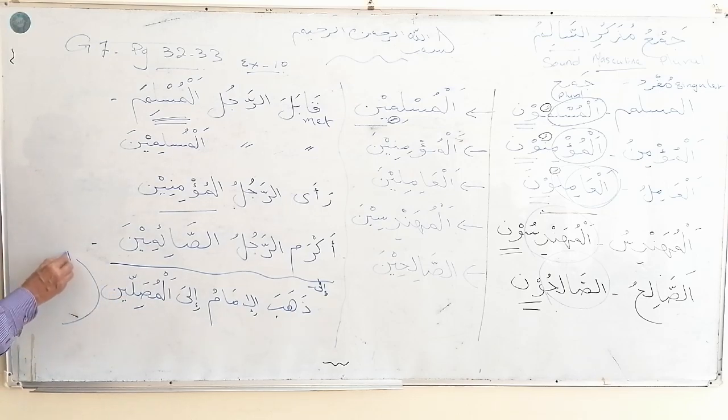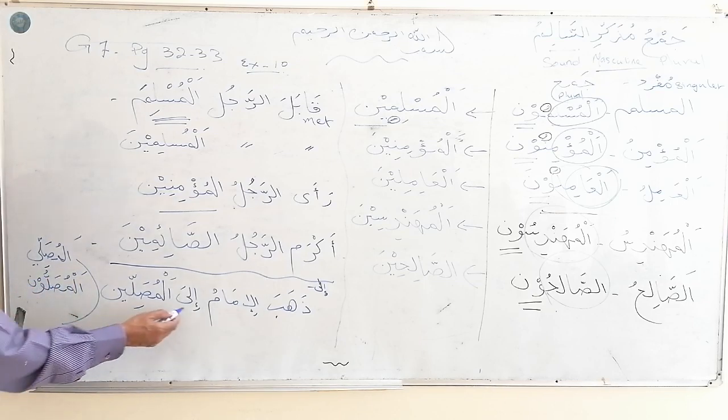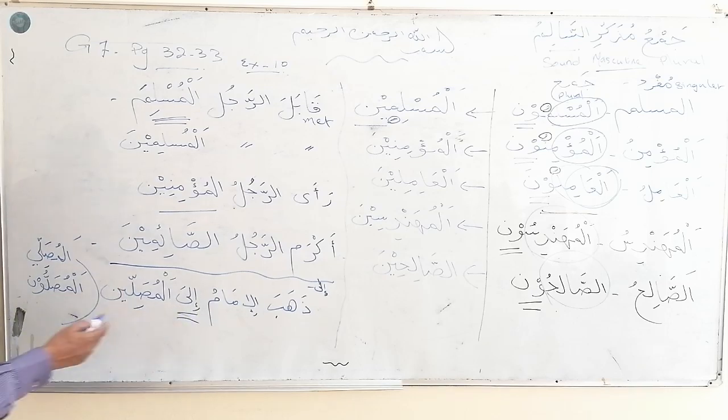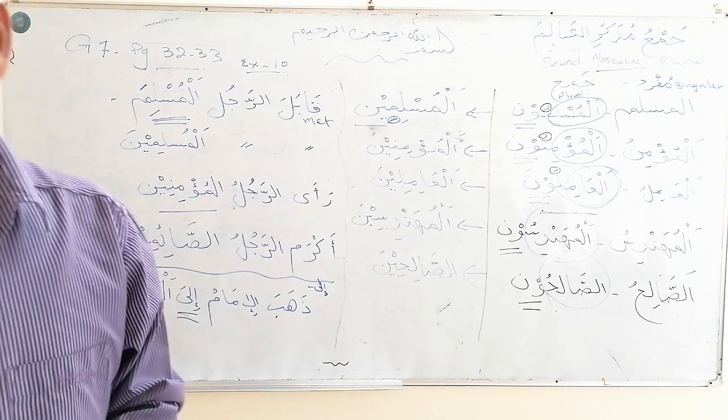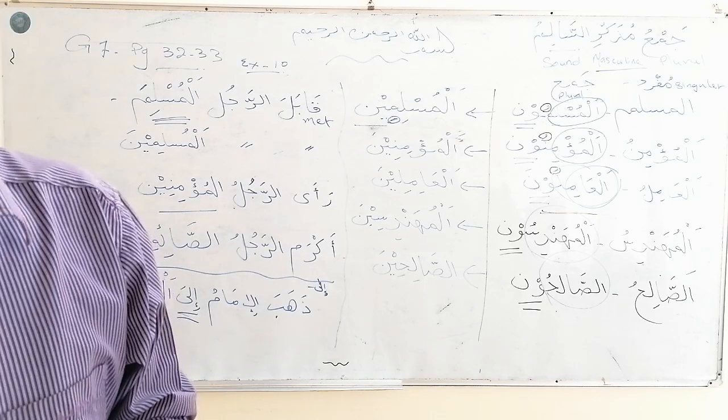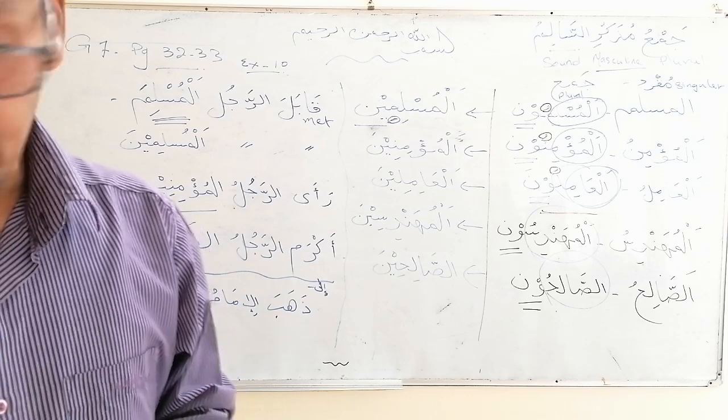Al-musallin is a plural of al-musalli, the one who is praying, the worshipper. So the plural is al-musallun. So when it is used with ila or any other preposition, it becomes al-musallin. Now, inshallah, we're going to answer the questions on page 33, exercise number 10.